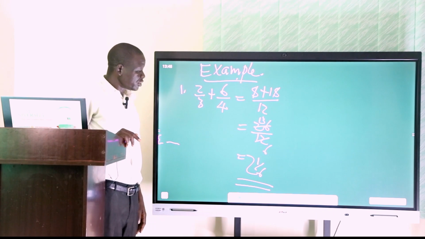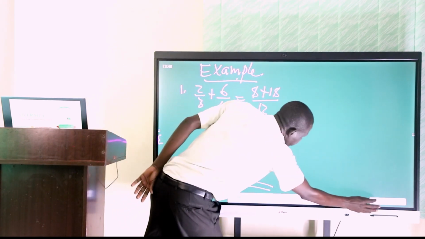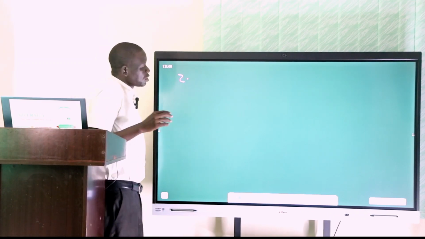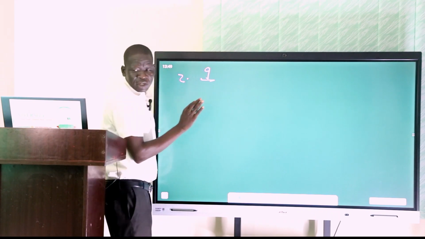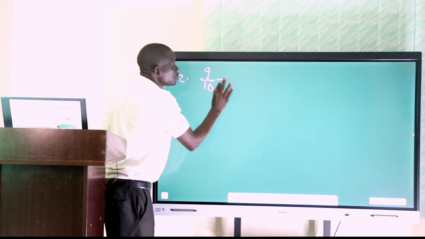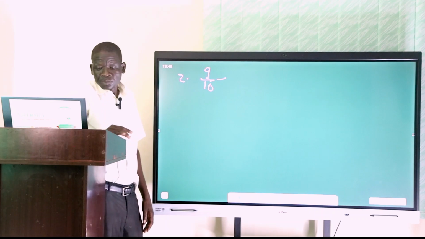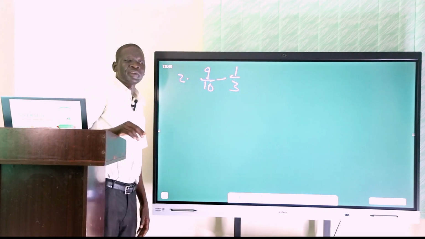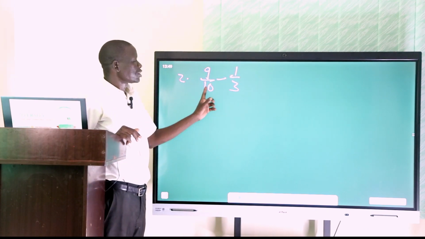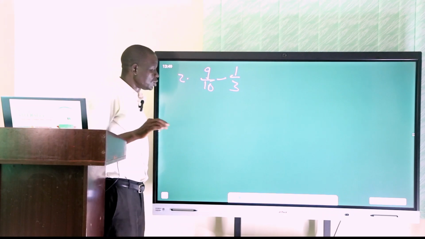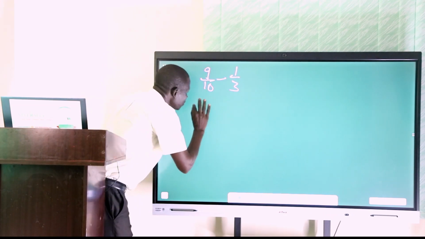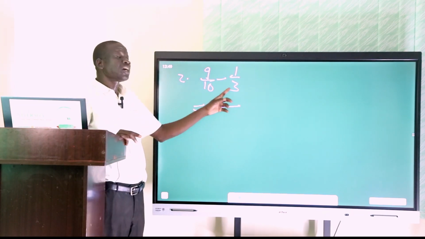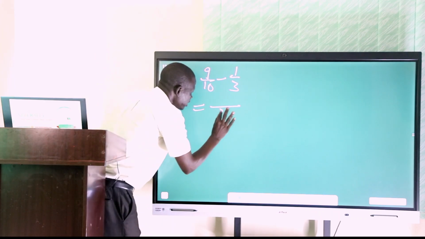We can also have a case for subtraction. Suppose we are subtracting 9 over 10 minus 1 over 3. This one also has denominators that are not the same. So we simply get the LCM. The LCM of 10 and 3 is 30.